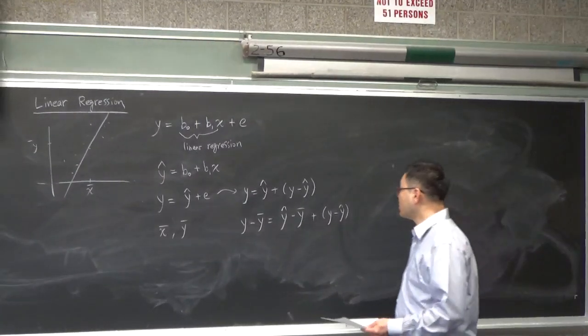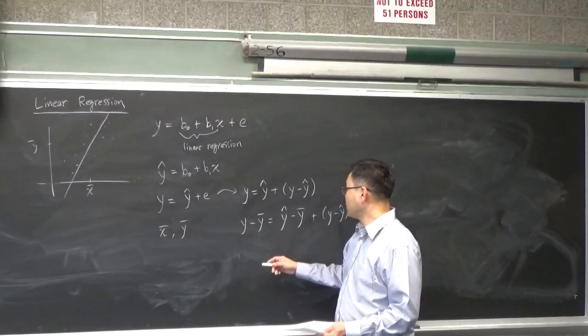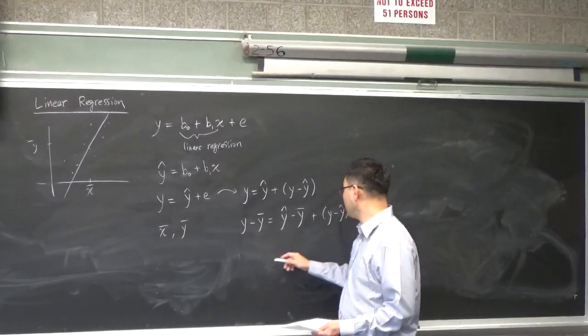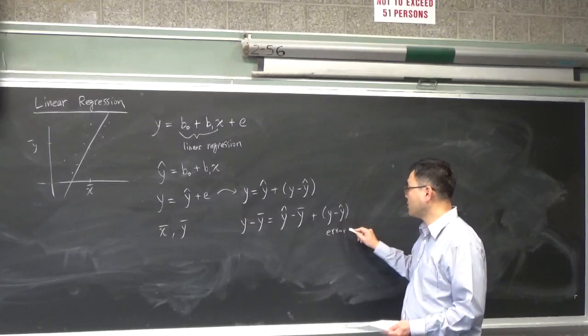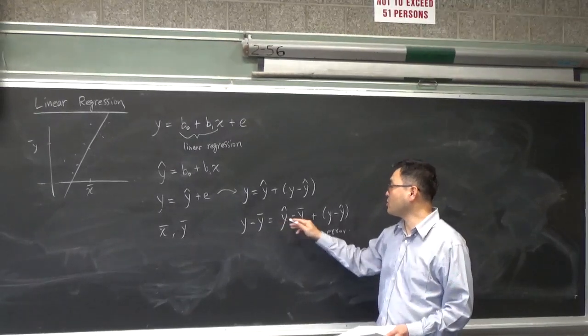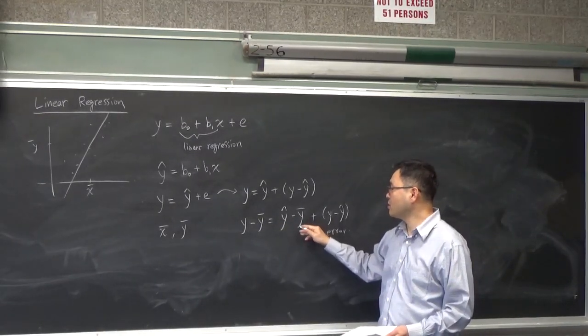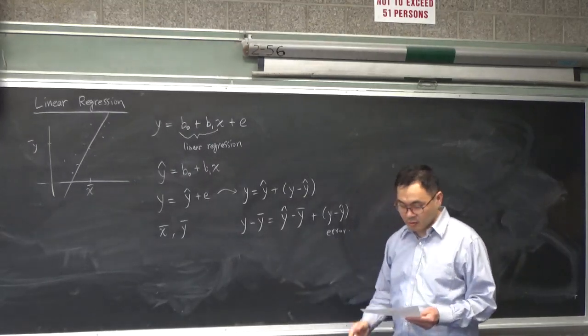So we have three quantities. So this portion is our error. This tells you how much the prediction is away from the mean. This tells you how much the actual value is away from the mean. Okay?